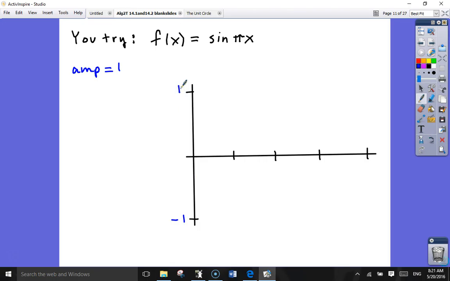Okay, what is the period? 2, right? The period is 2 pi divided by the coefficient of x, which is pi, which is 2. So you know it's going to go through one complete cycle from 0 to 2.